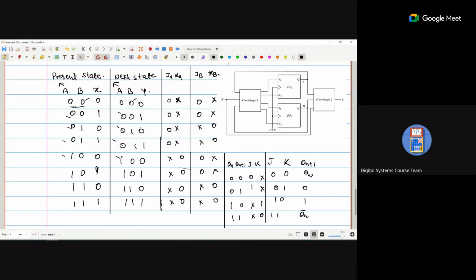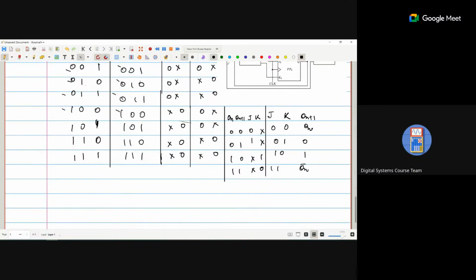Okay, now what is the equation of JA? That is QA and QA, QN plus 1. So we can say directly it is QA.